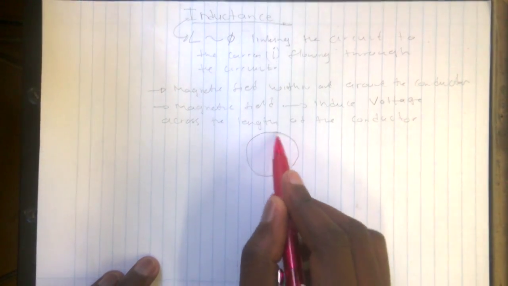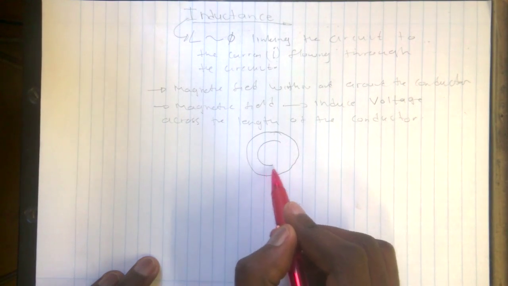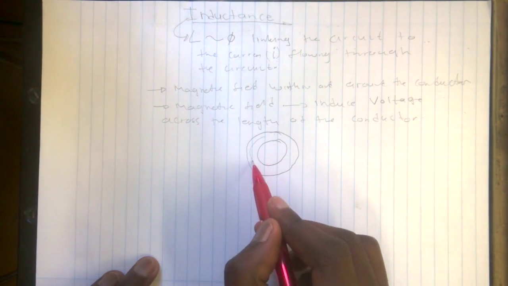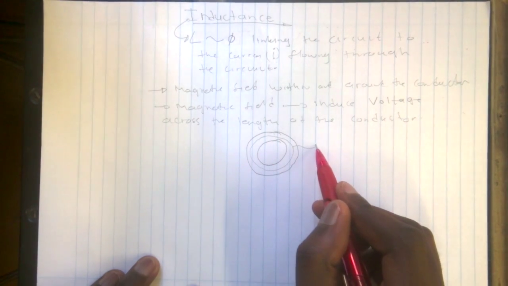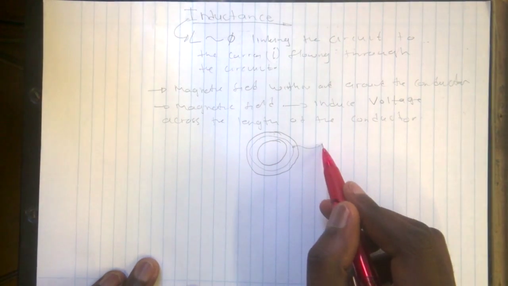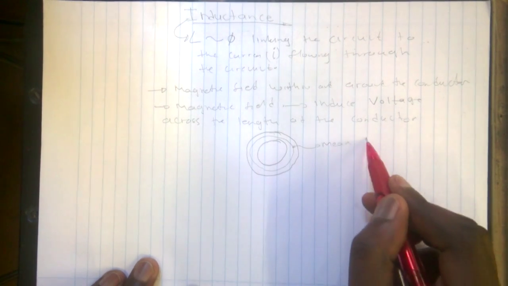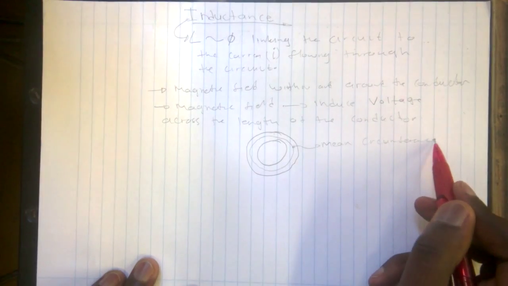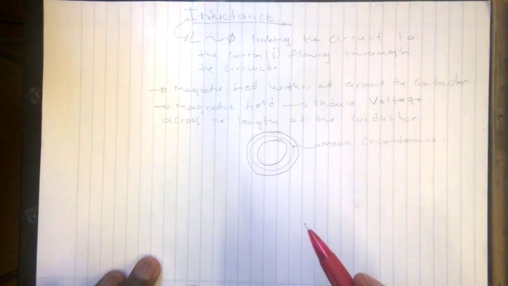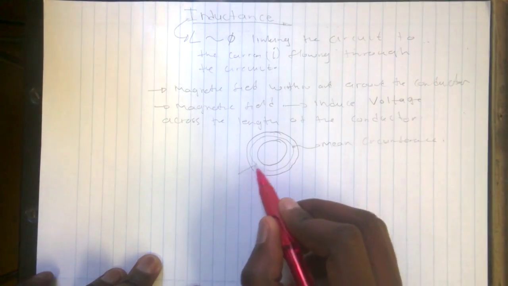Okay, let me make an example here. Let me draw an example of an inductor. This here is the mean circumference, and then we have a wire.